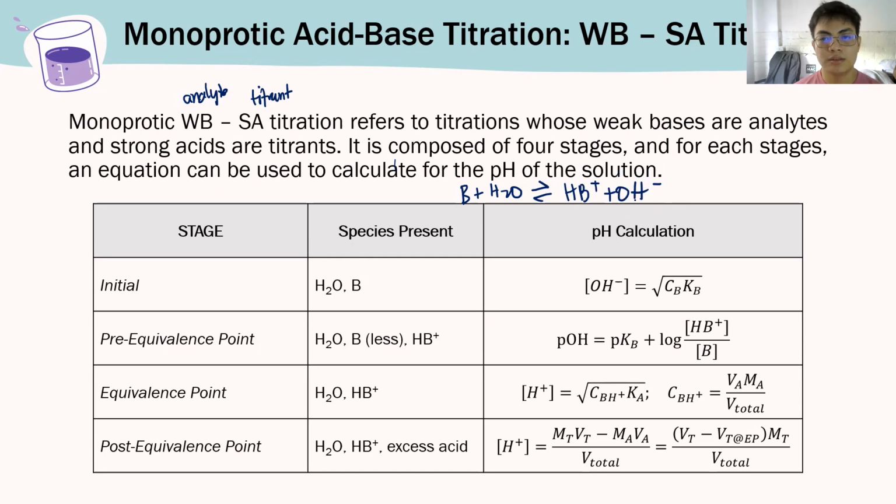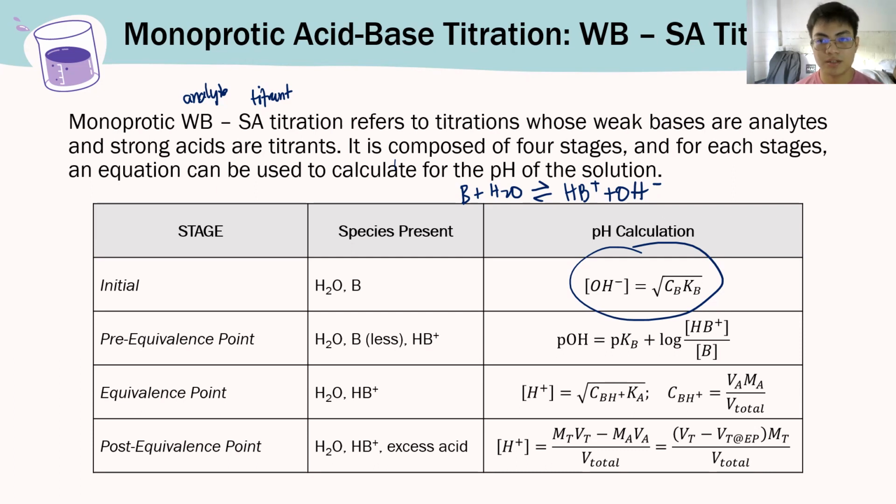So you make an ICE table and then apply the small x approximation, and you will come up with this one. It's like the square root of Ka C, but since it's a base, it's the square root of CB KB. I guess you're quite familiar with this one. I said that several times last time.